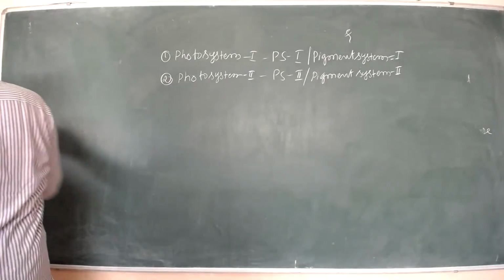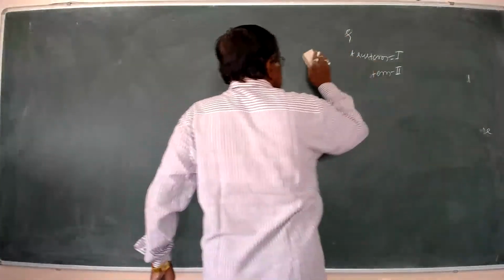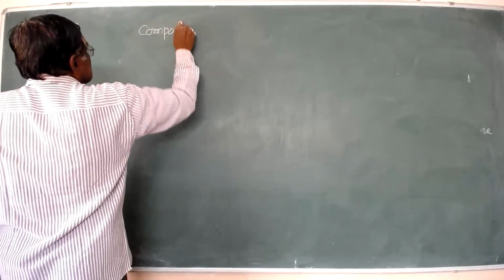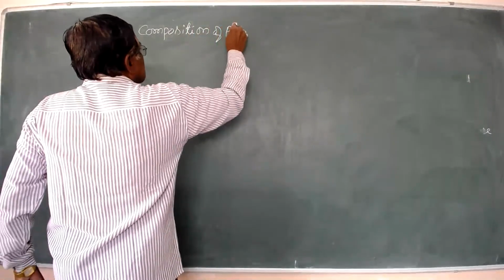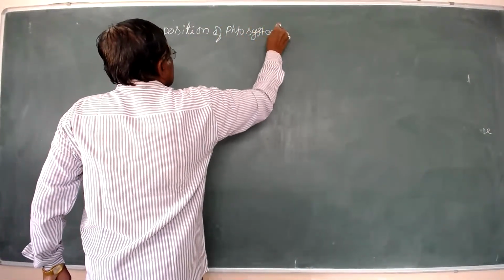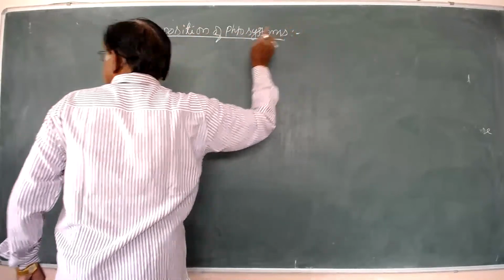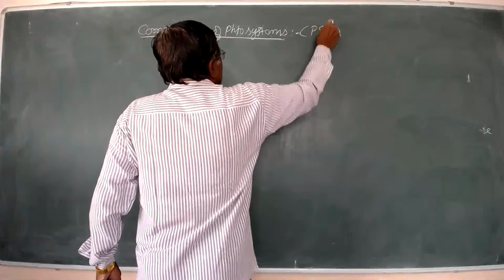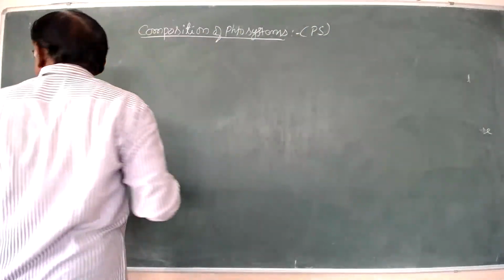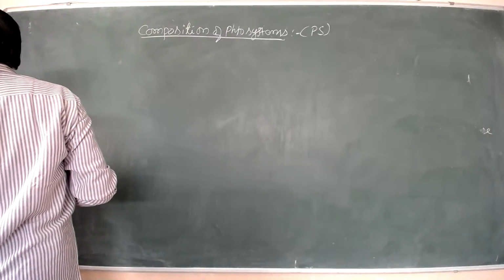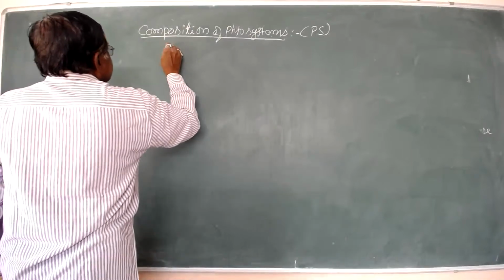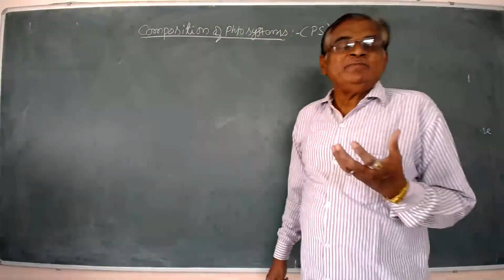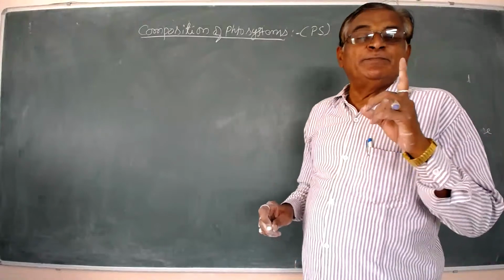That is the composition of photosystems. It especially includes two photosystems, PS1 and PS2.